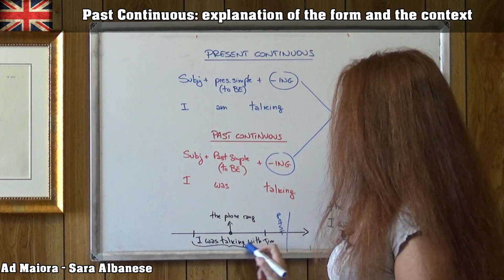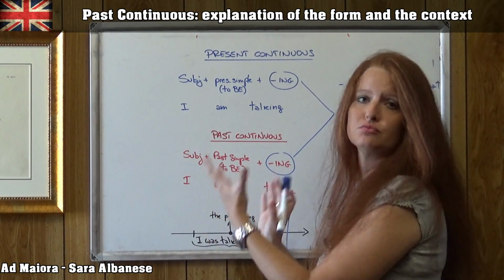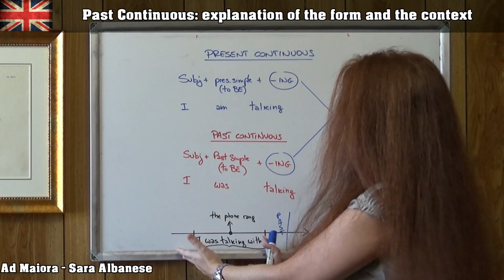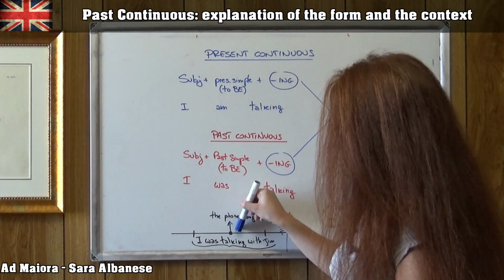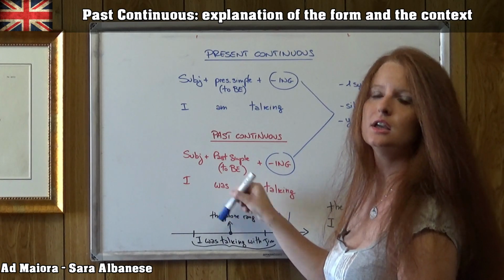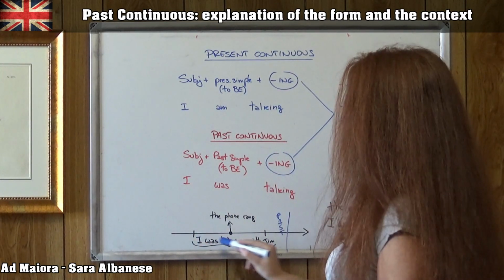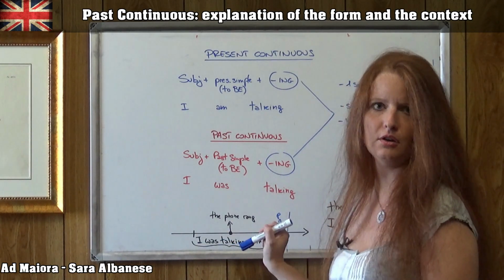The action of talking with Jim lasts for a certain period of time in the past. And the other action, the phone rang, happens here. You see the dot here in a very specific moment, during that period of time of the past continuous.